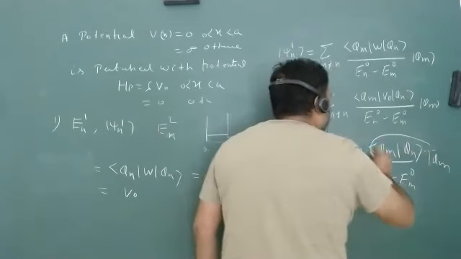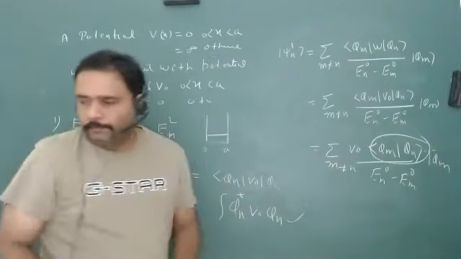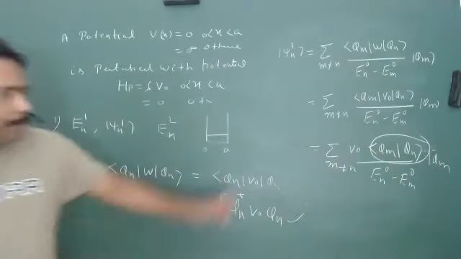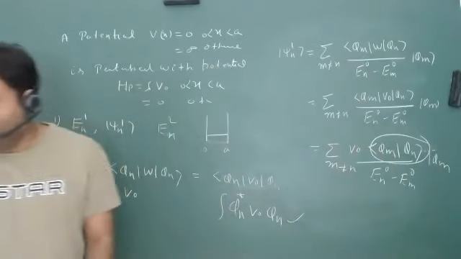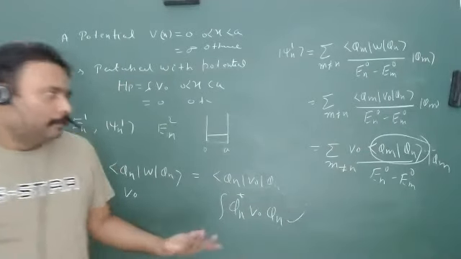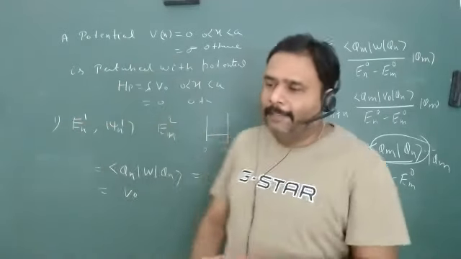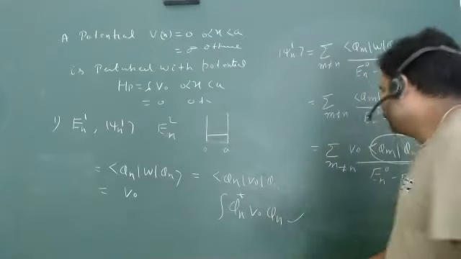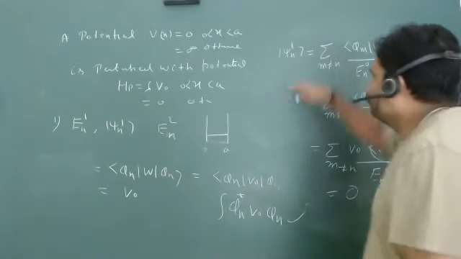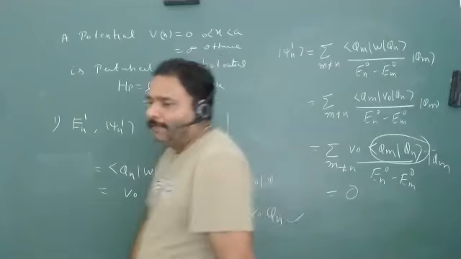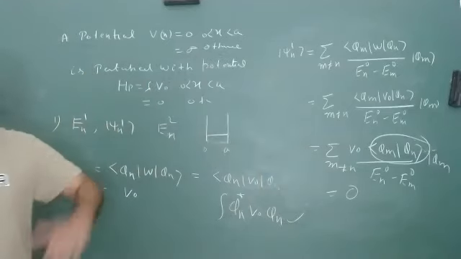Now what is this value? Can anybody tell me? M is not equal to n. What is this value? 0. Because they are orthogonal, isn't it? Yes, sir. They are orthogonal, so this will be 0. So there is no correction in first order if you have a constant perturbation.